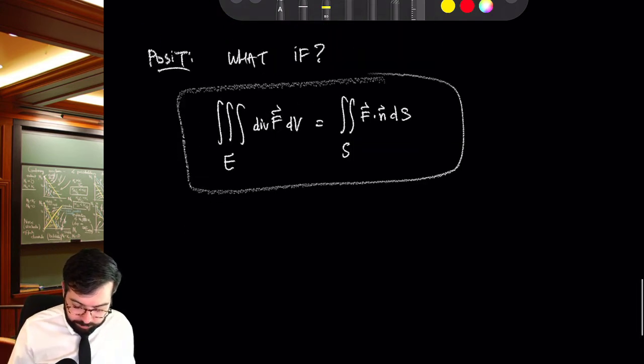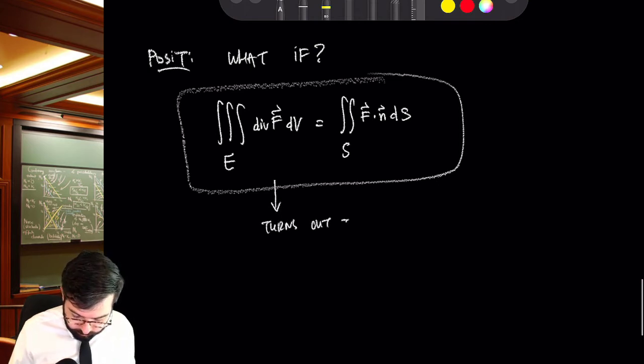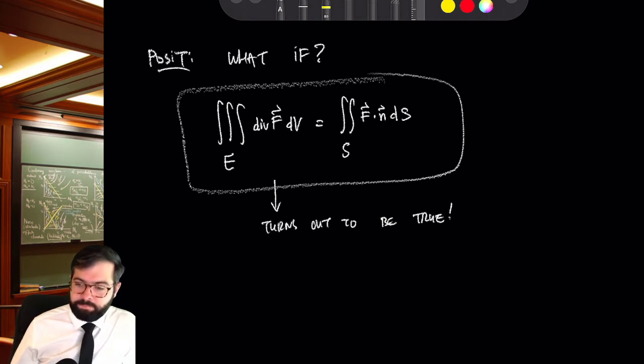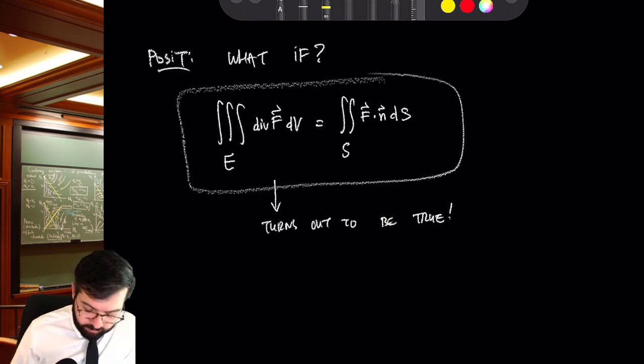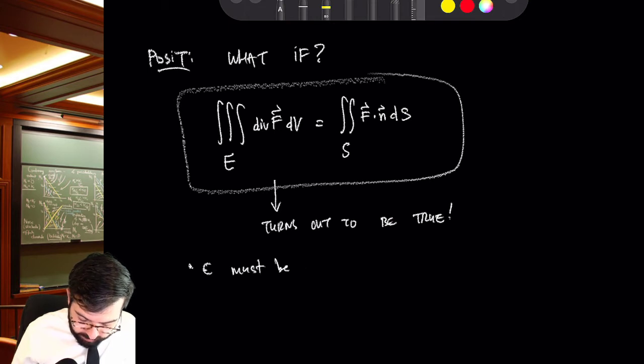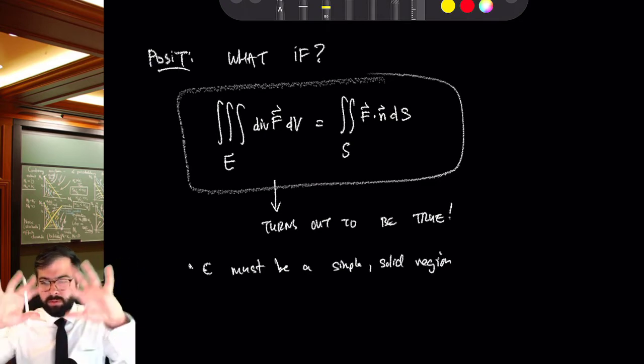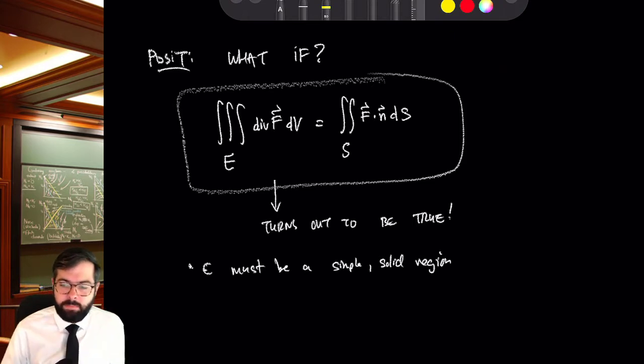And this turns out to be true, under certain conditions. E must be a simple solid region. No holes or weirdness there.